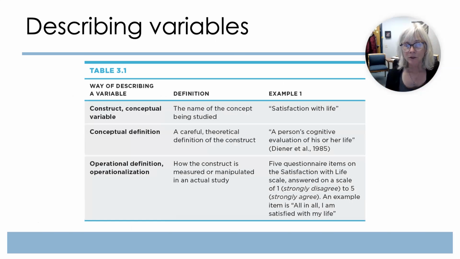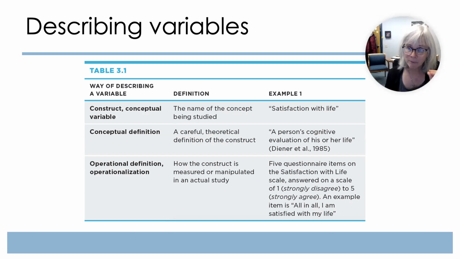Okay, so let's now move on and think about ways of describing variables. And there's a bigger version of this table in your book. So we can think about a variable as a construct or a conceptual variable, and we use those terms interchangeably. It's a concept that we're studying: satisfaction with life, motivation, love, intelligence.